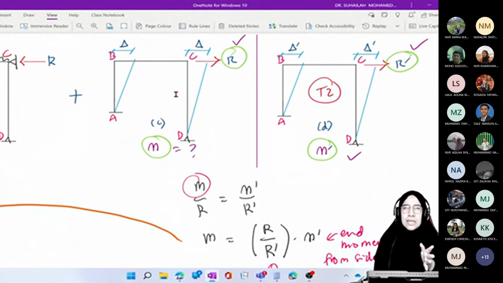Yang mana C kita cannot direct assume FEM because delta dalam C is the real delta. Macam mana kita nak assume? Jadi kita assume pada D. So that is why at the end dia ada R divided by R prime which we call as correction factor.